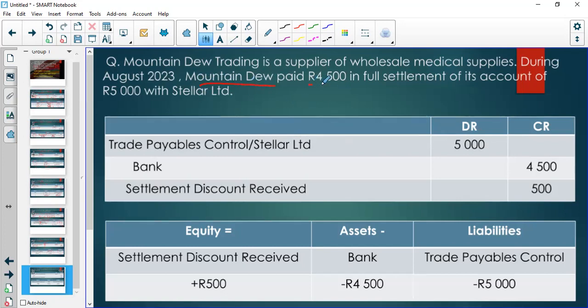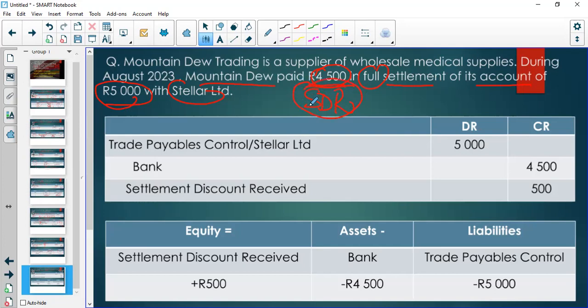We paid 4,500 in full settlement of our account, but we owed Stella Limited 5,000. Stella Limited allowed us to pay 4,500 because we are paying in time. So we are the ones who received the benefit. It's called settlement discount that we received.